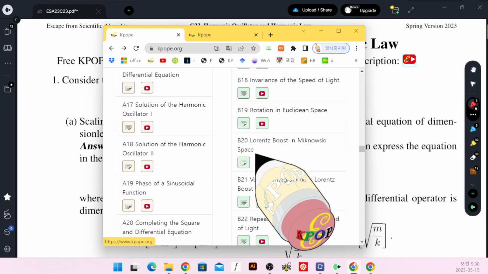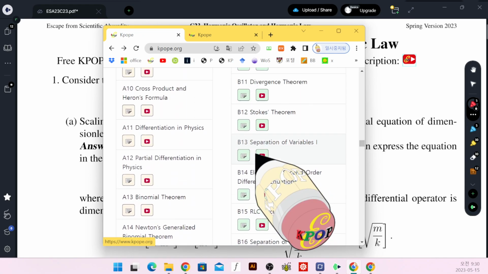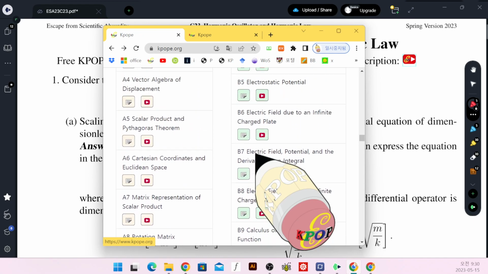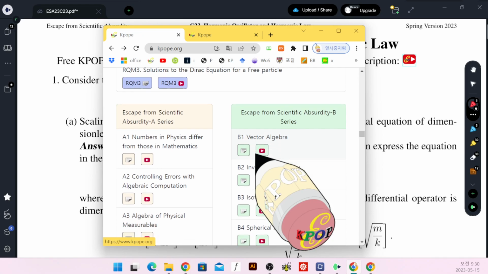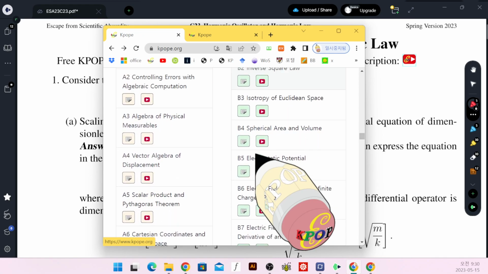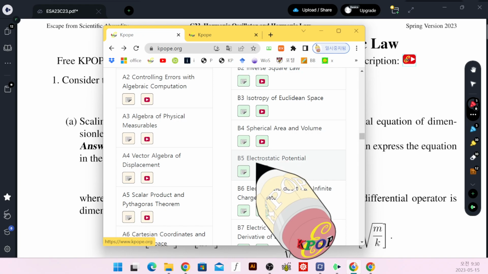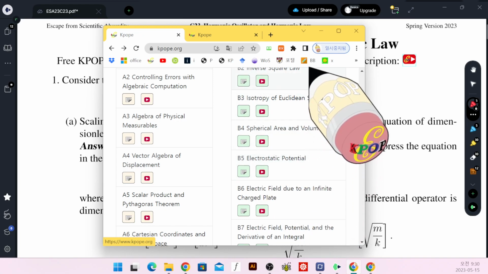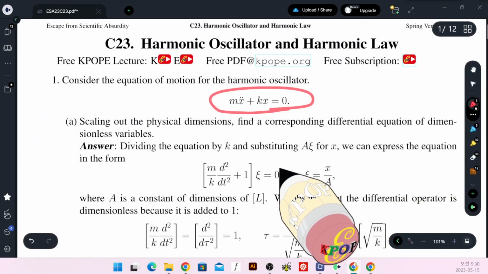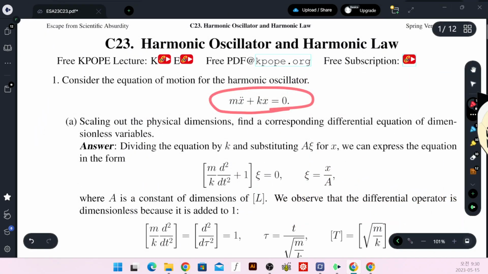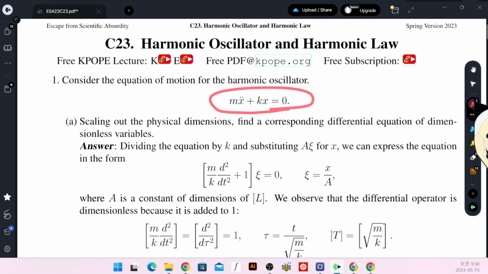And actually in the series A and B, further details of tools to find the solutions of the differential equation for the equation of motion for the harmonic oscillator. So let me briefly explain how to find the solution for the harmonic oscillator first, and then we attack the problem of Kepler's third law.